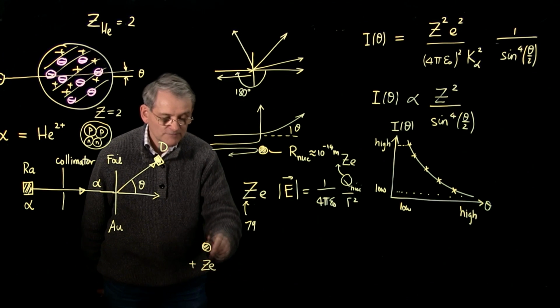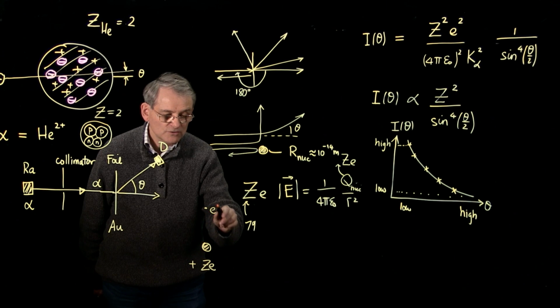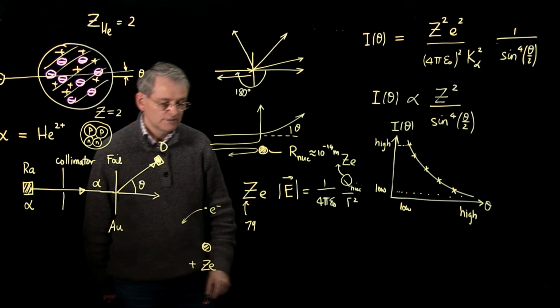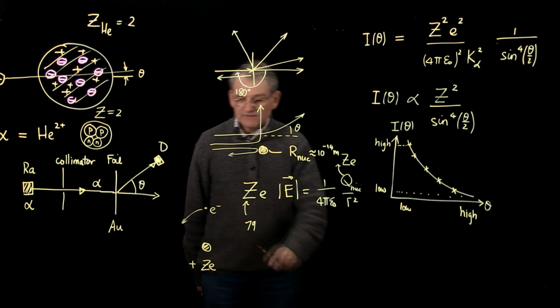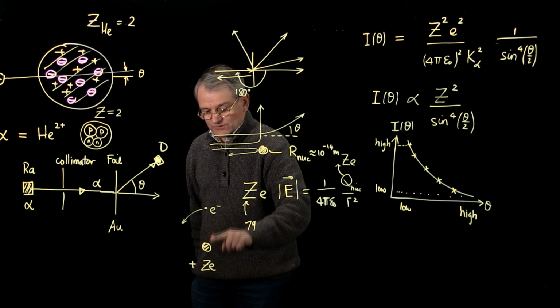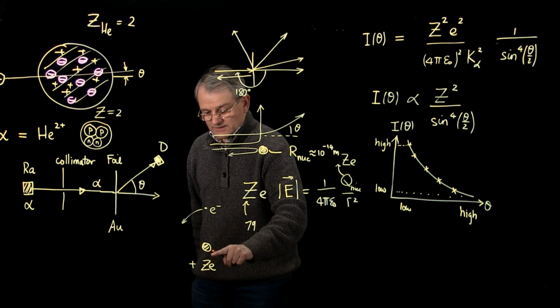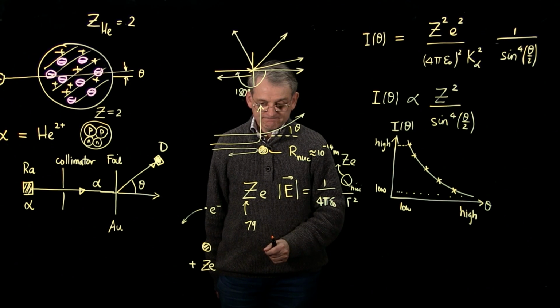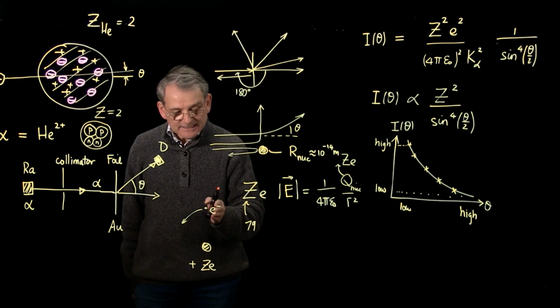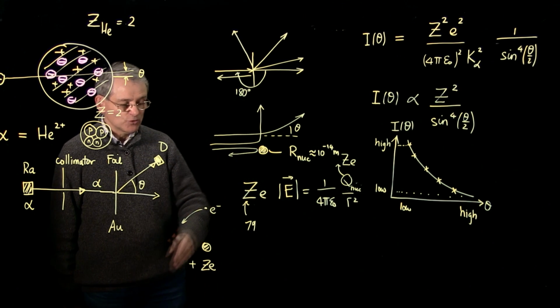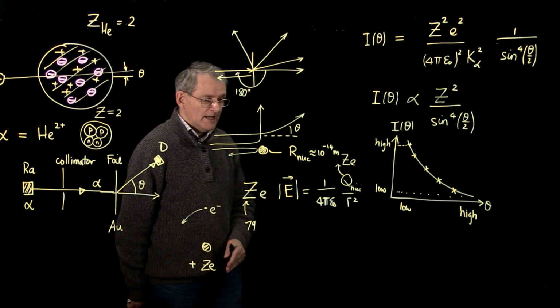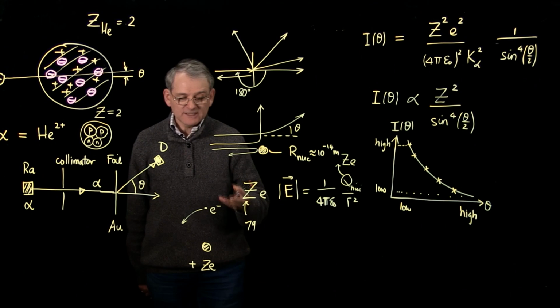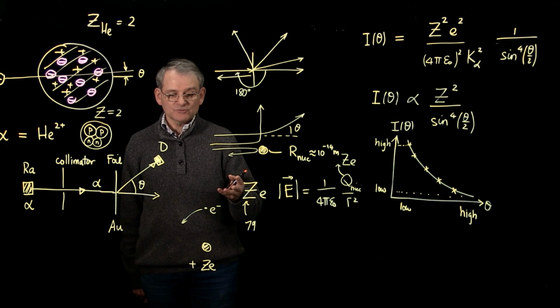It was then natural to suggest that a model of the atom consisted of a nucleus which has a positive charge in which the electrons orbit this nucleus. And the force of attraction between the electron, which has a negative charge, and the nucleus, which has a positive charge, is the force of electrostatics, the Coulomb force. And the electron maintains a circular orbit, and the circular orbit is maintained by the force of electromagnetism.